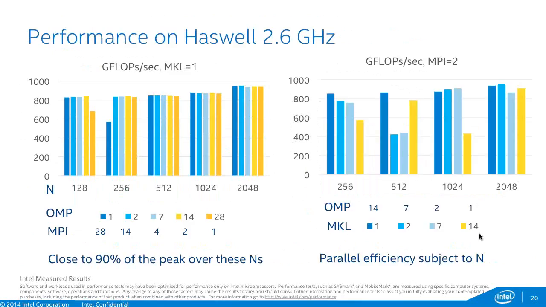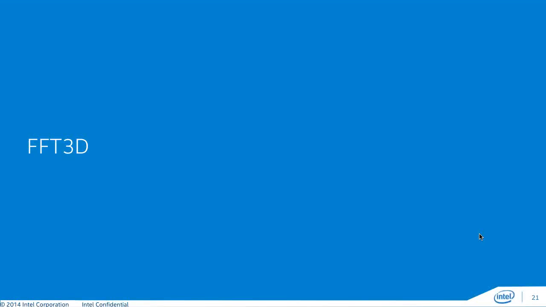And in fact, if you do the strong scaling of MKL, it's a bit less optimal in the sense that for small problems, you are definitely seeing performance degradation when you use more MKL threads. But for the big problem, of course, there is no difference whatsoever. So it really depends upon the problem size you are going to solve.